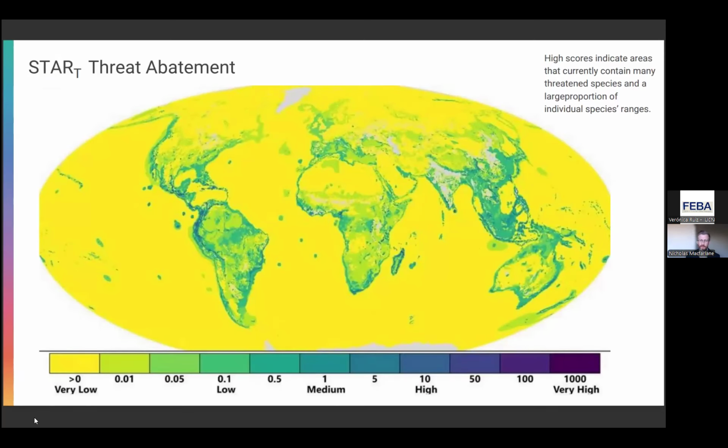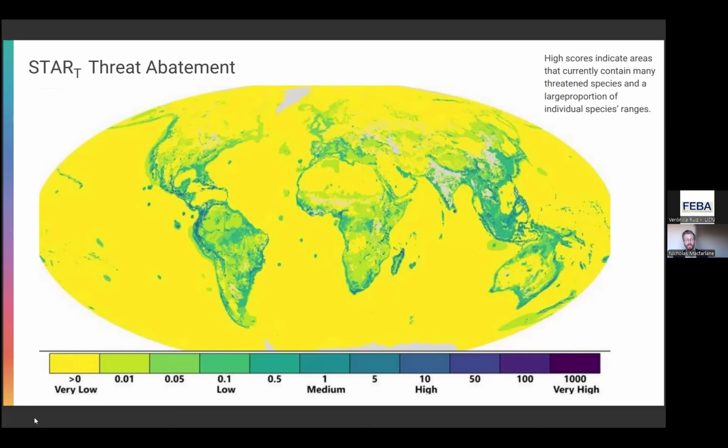This is what the STAR threat abatement layer looks like for the entire globe. And what you see is that STAR scores, so places where you have the highest opportunity for reducing global species extinction risk, are highest where there are many threatened species with small ranges.